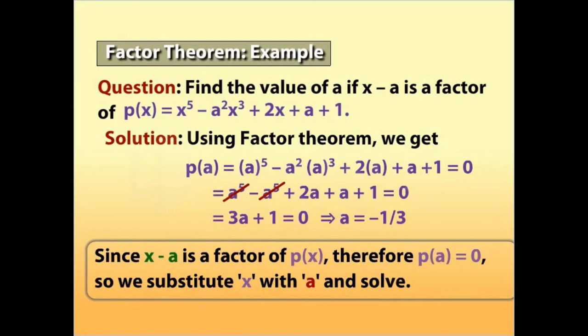Now p of a is equal to a to the power 5 minus a square into a cube plus 2a plus 1, which is equal to 0. Thus, p of a is equal to 3a plus 1 equal to 0, which gives a equal to minus 1 upon 3.